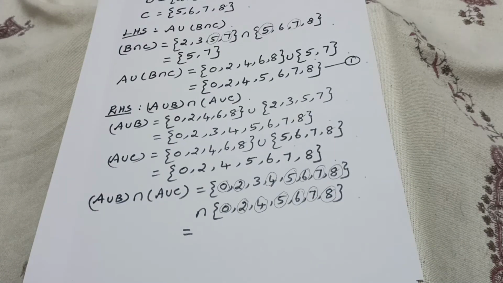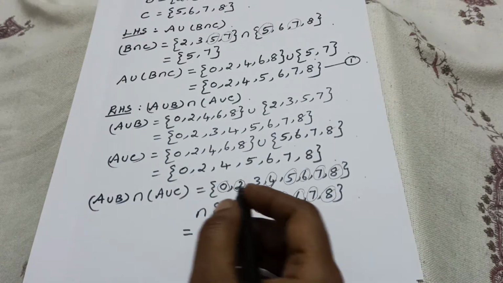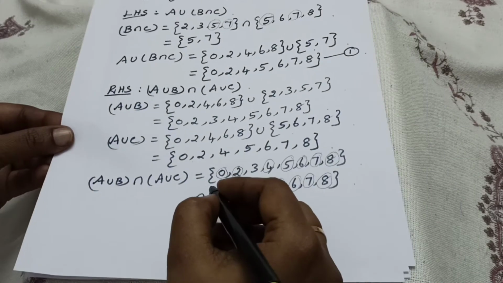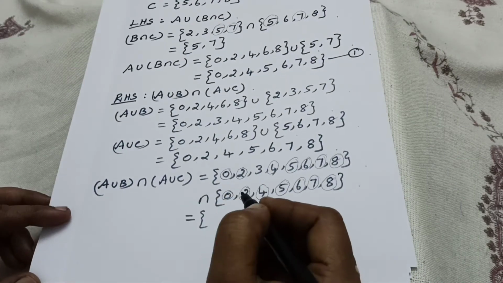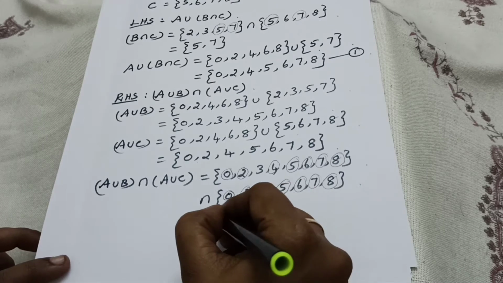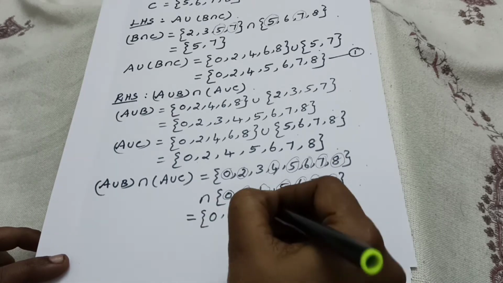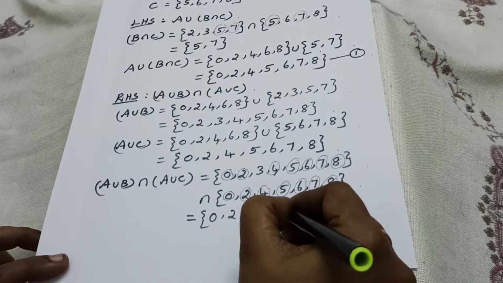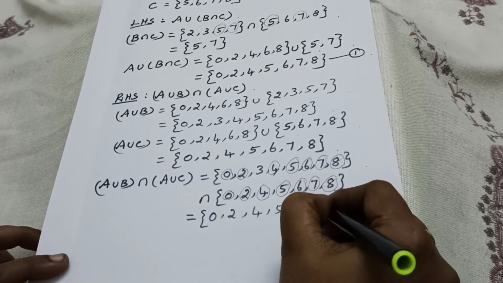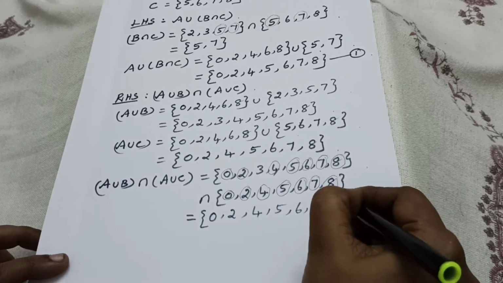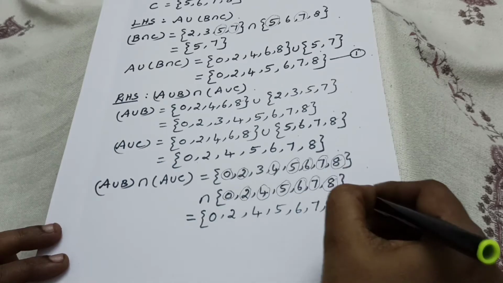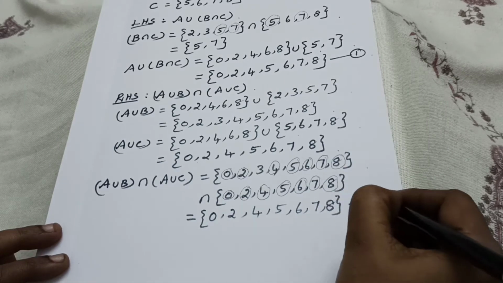Have you understood? Here the rounded elements we have to write. What are the common elements? 0, 2, 4, 5, 6, 7, 8. Any doubt? This right hand side is over. This is equation number 2.